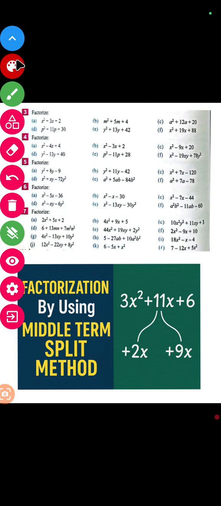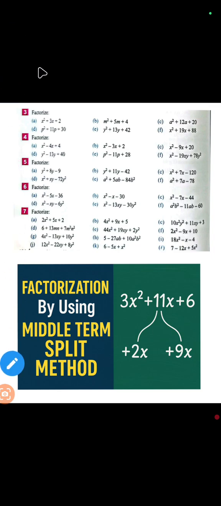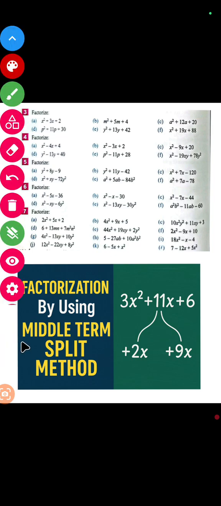So it is from the Maths Link book. It's exercise 10.4, question number 3.